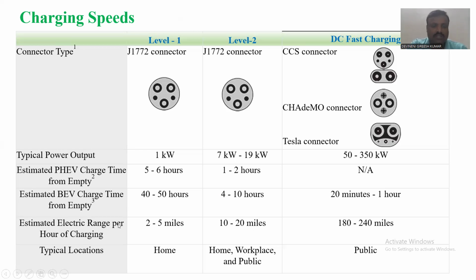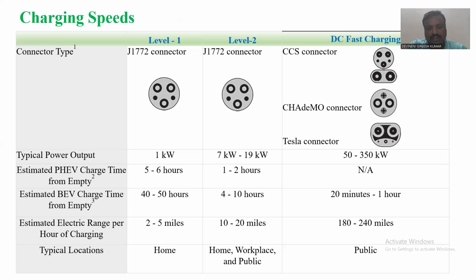Whenever it comes to the level 2 charger, it gives around 10 miles of range per hour. If it takes 4 hours, then 4 into 10 is nearly 40 miles.